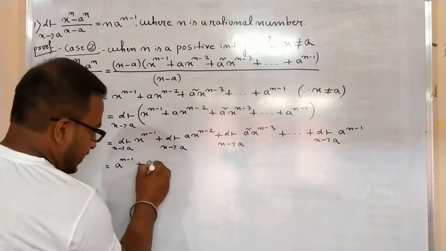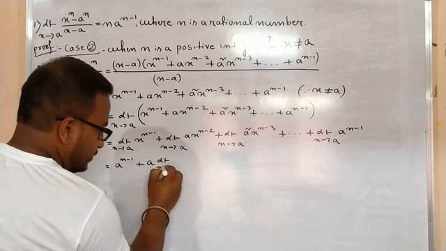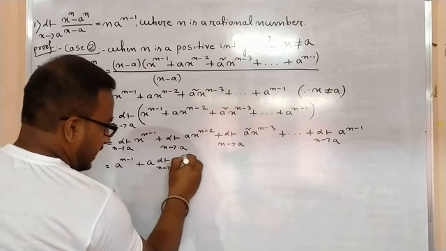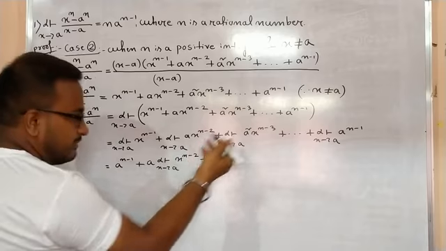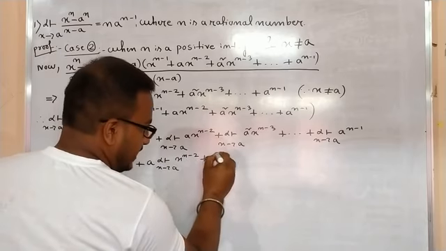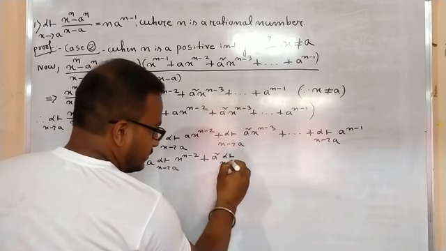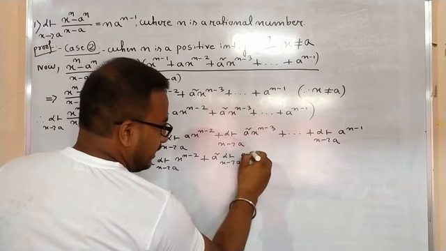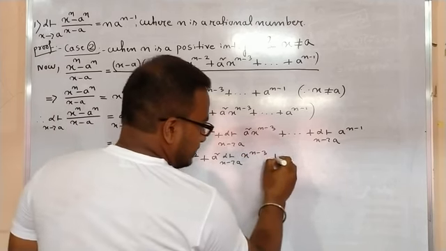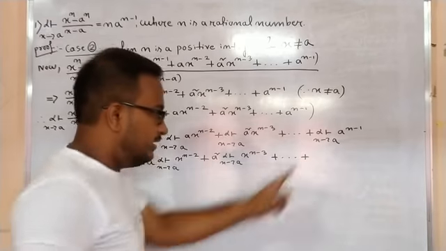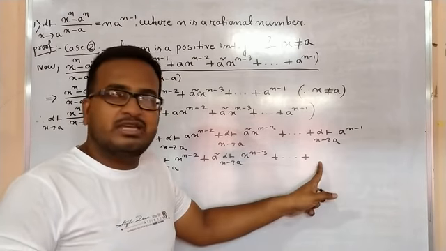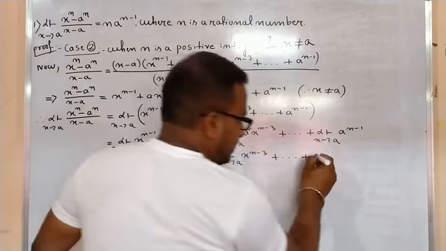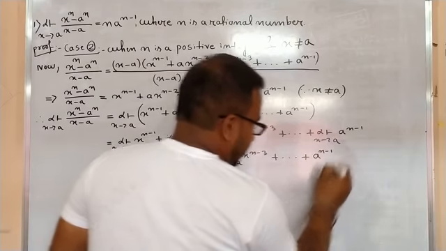Now write it like that. It can be written as a into limit x tends to a of x to the power n minus 2. Same here, it is also constant. So a square limit x tends to a of x to the power n minus 3 plus dot dot dot plus limit of any constant is the constant itself, right? So it is a to the power n minus 1.